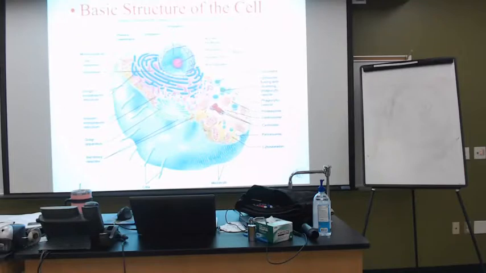Did we mention how many we have in each nucleus? 23 pairs, 46 molecules of DNA. And each molecule has those bases, and they make up our genes.